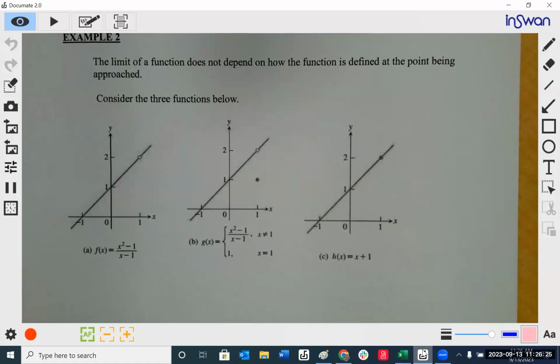The limit of a function does not depend on how the function is defined at the point being approached. So in other words, for a limit to exist, it doesn't have to be a defined function. It just has to approach it from both directions. So consider the 3 functions below. What would be the limit of this first one?